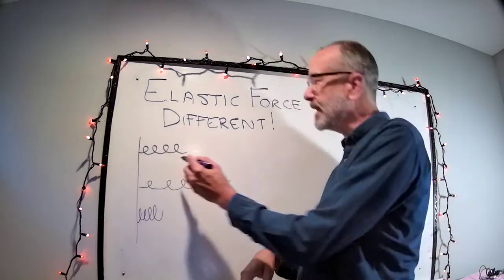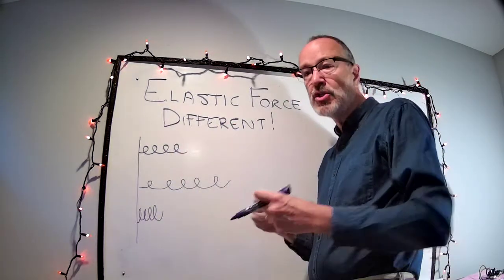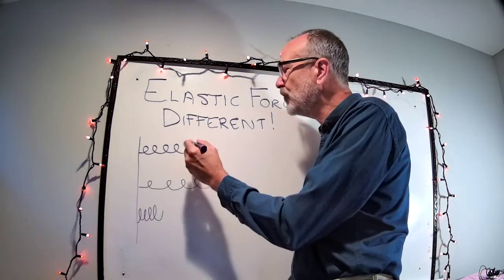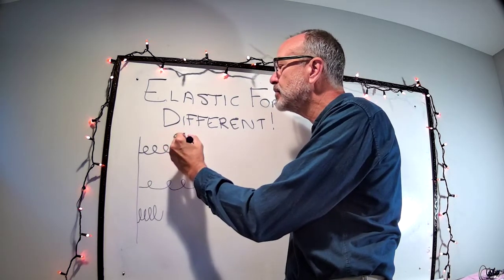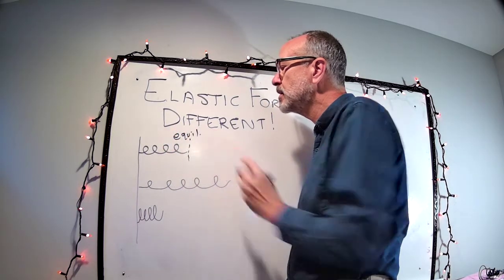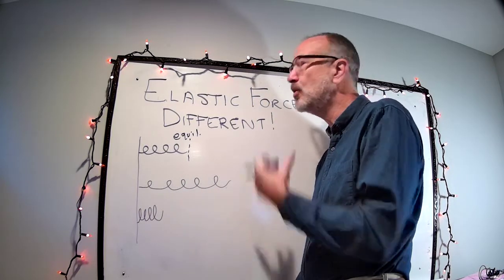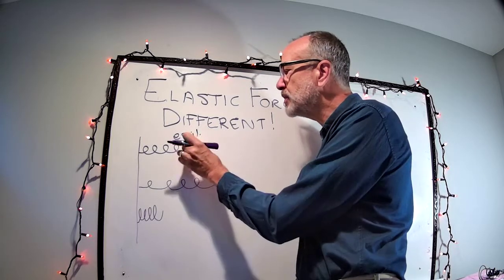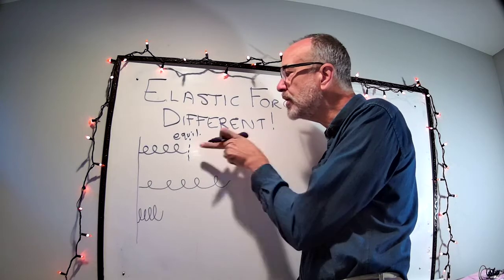Here's a spring. And when we talk about elastic forces, we're talking about springs, stretchy things, rubber bands, anything like that. So a spring has a natural equilibrium position. That's where it's just at rest, no external forces pushing or pulling on it. If I start to pull it back like this, it will pull in the other direction.